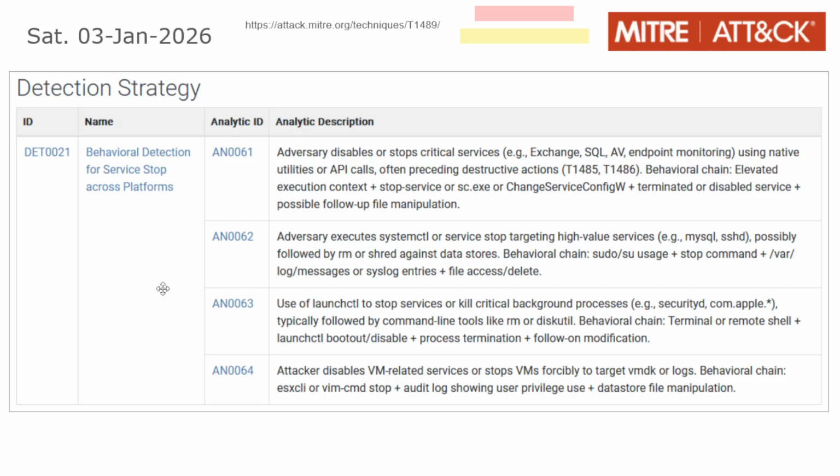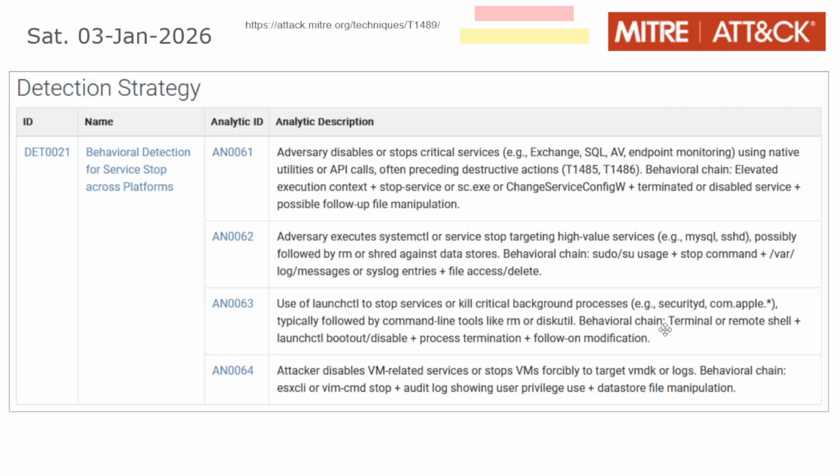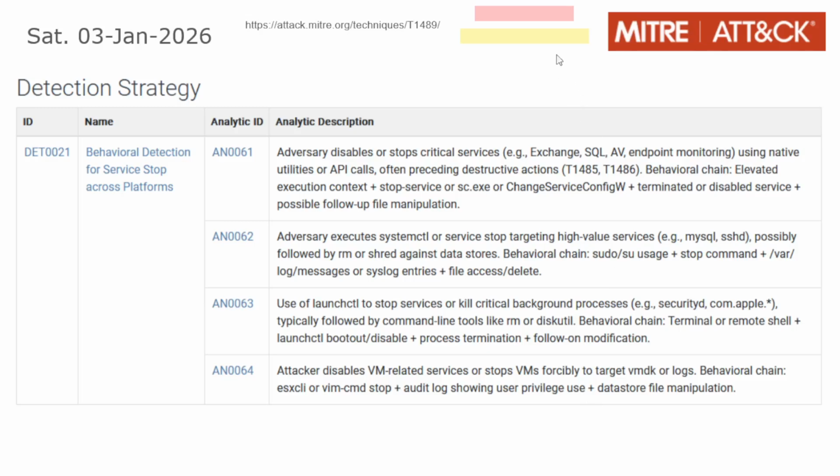Then you have systemctl, which is specific to Linux as far as I know. Then you have launchctl, another very specific thing, and virtual machine behavior chains. The chain always starts, if you see sudo here, that's Linux for sure. So you stop a service in all cases here, and at the end there's some sort of file manipulation. So the pattern is always the same.